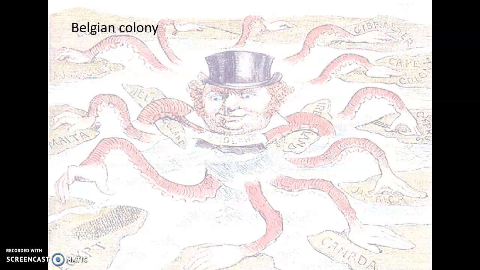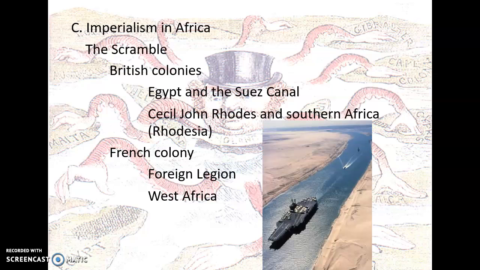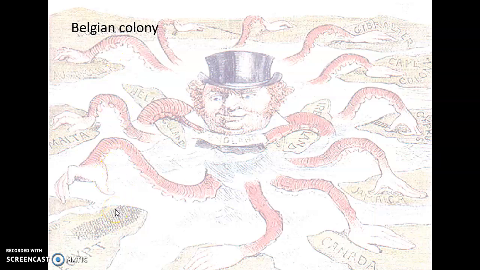Belgium, if you're following along in your notes, it's parallel to British colonies, French colonies, and now we have Belgian colony. The main man responsible for establishing a Belgian colony was King Leopold II of Belgium, who established the Congo.